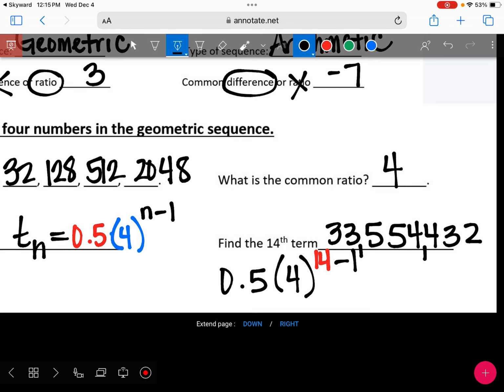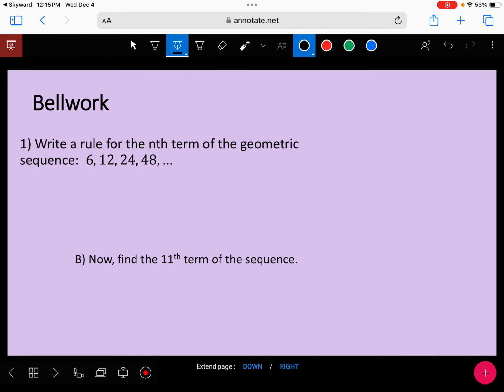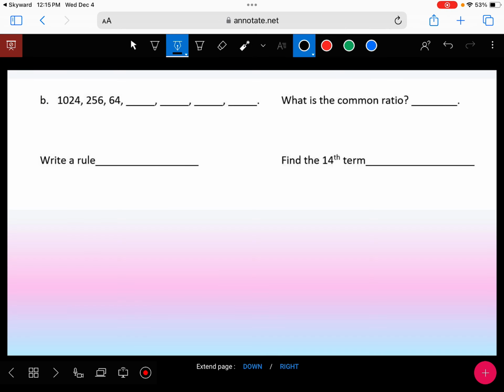Any questions about that? All right, one more, and we will end there. Let's go to question B on the next page. Question B. All right, so we've got to figure out the rule, which means you have to find the common ratio. This time you can write it as a fraction or a decimal.